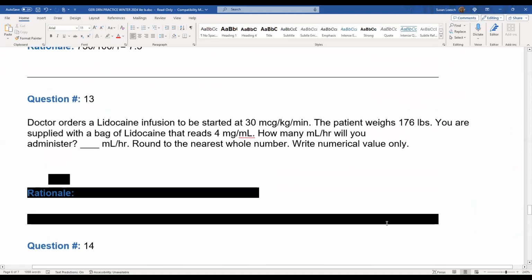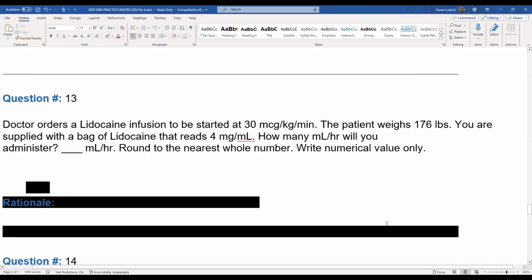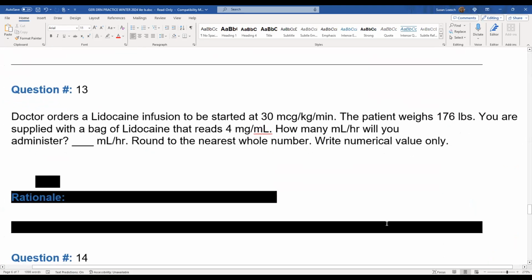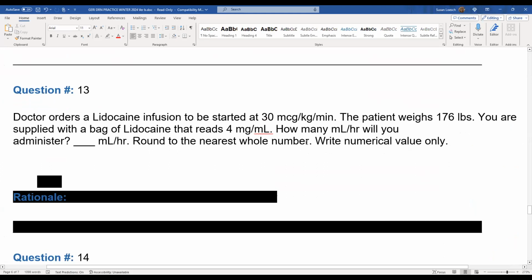Okay, this is going to be a similar question. It's asking us how many mLs per hour to administer. We have something on hand. We have an ordered dose. So we know that this is going to be what formula? Desired over have. Okay. So what we have is what? 4 milligrams per 1 ml.